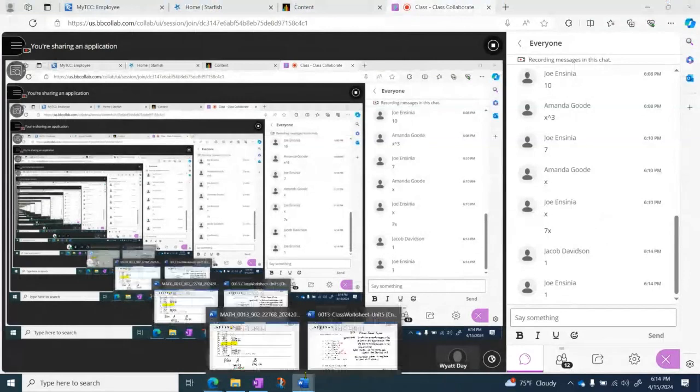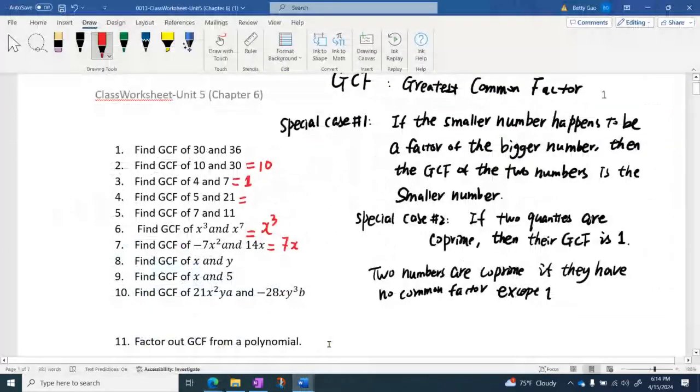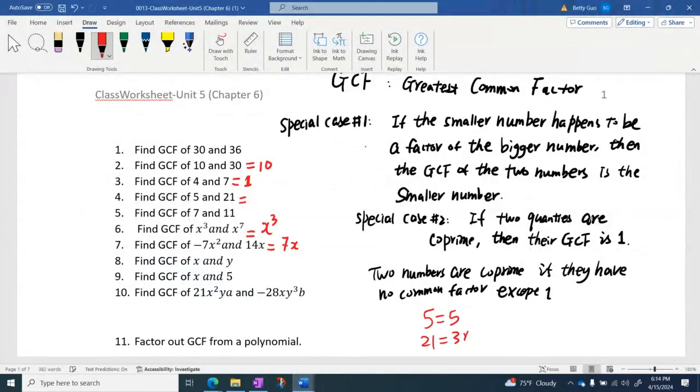Exactly. 5 and 21 are co-prime. 5 is a prime number. 21 is 3 times 7. And those two numbers have no common prime factors. They only have one common factor, that is 1. So 5 and 21 are co-prime. Since they are co-prime, GCF is 1.